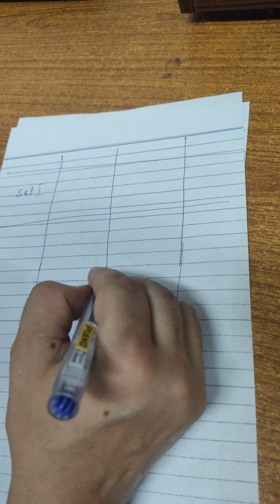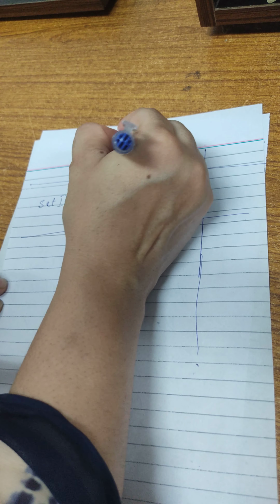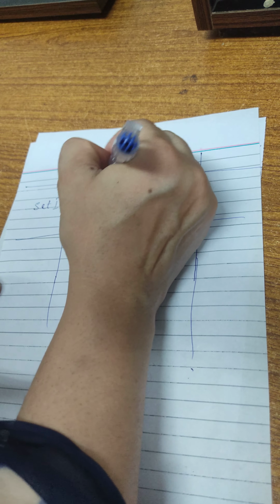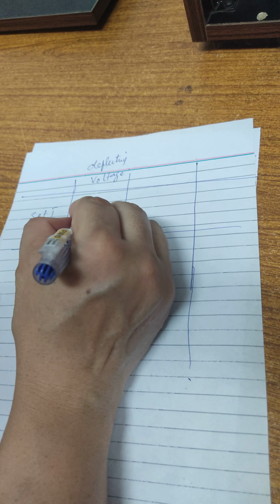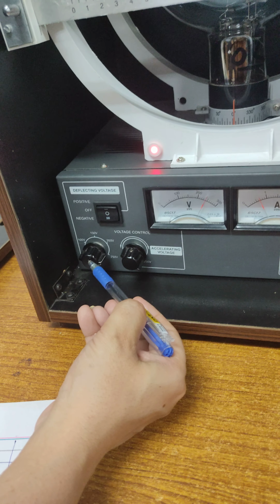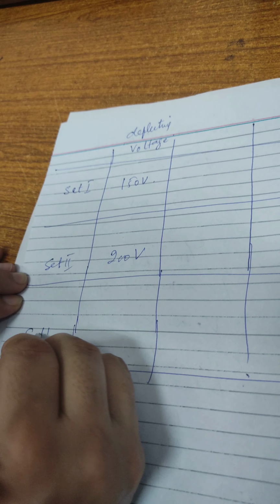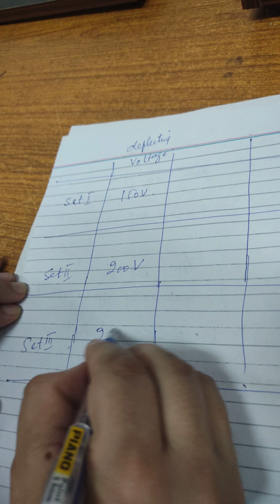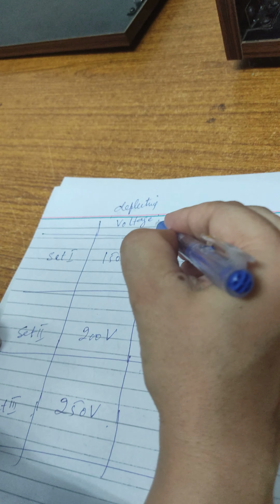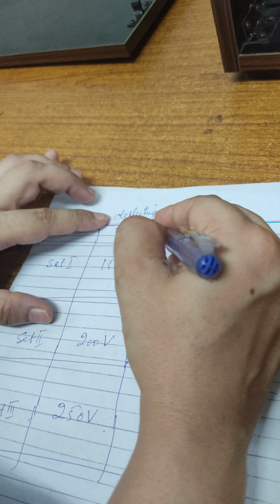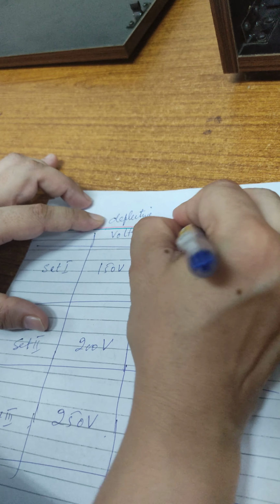For set 1, our deflecting voltage is 150 volt, which is set by this particular knob. For set 2, our deflecting voltage will remain at 200 volts, and for set 3, our deflecting voltage will remain at 250 volts.